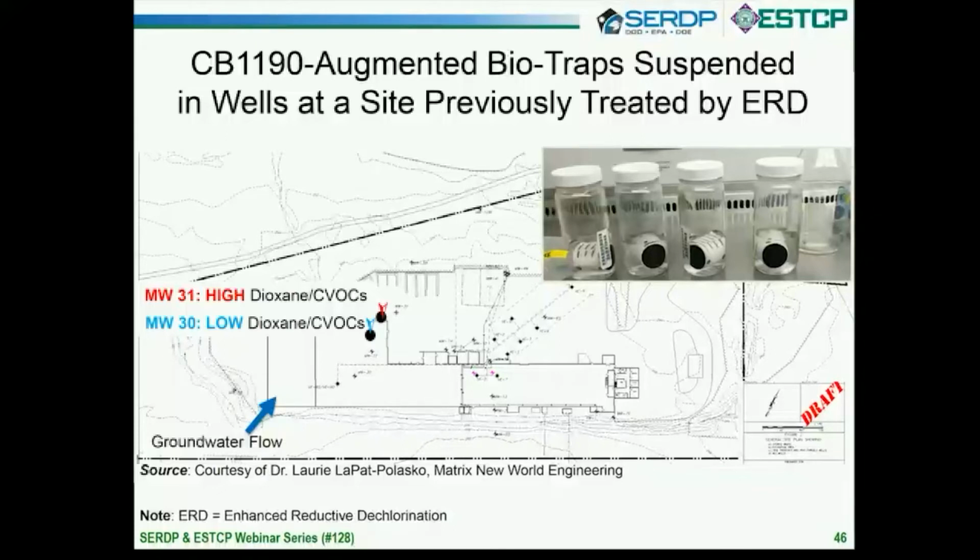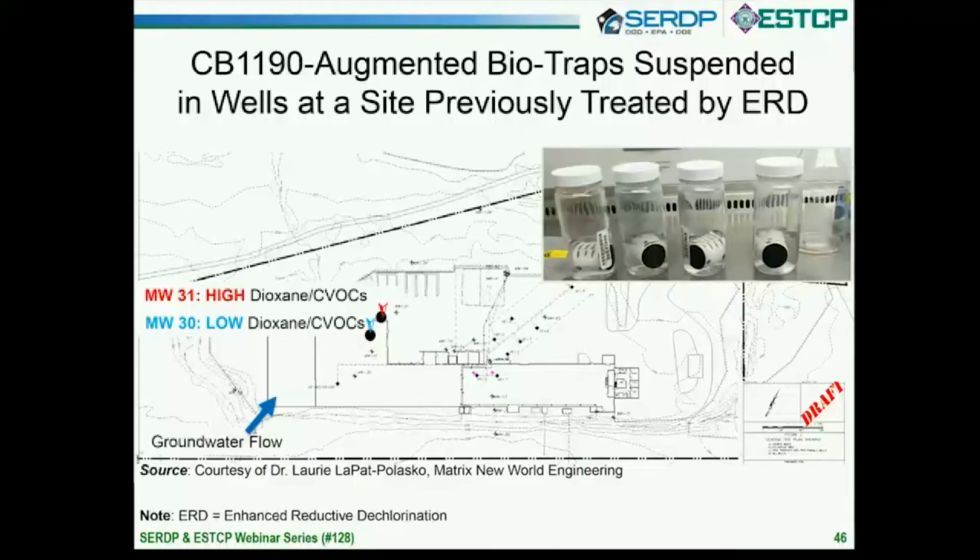She was working at this site which had been subjected to enhanced reductive dechlorination with SDC9 culture for about 2 years off and on. And then we grew CB1190 on biotraps, Microbial Insights Bio-Sep beads, biotraps, and suspended them in monitoring wells.